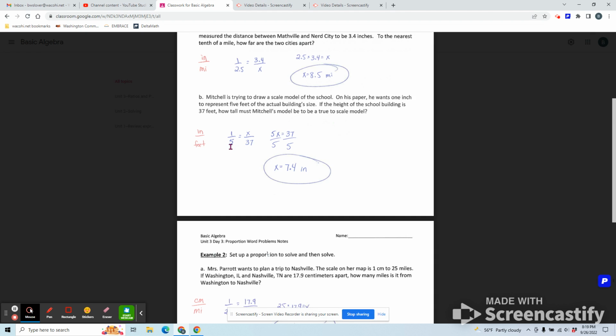Inches is up top, feet is in the bottom. It says 1 inch represents 5 feet. So 1 inch, 5 feet. The height of the school building is 37 feet. Up top is inches, feet is in the bottom, so it has to go in the denominator. That leaves my numerator as the unknown. How tall does the scale have to be? That's my inches.